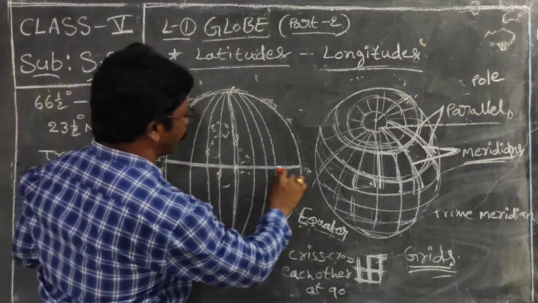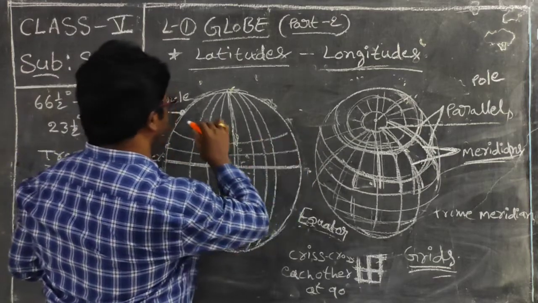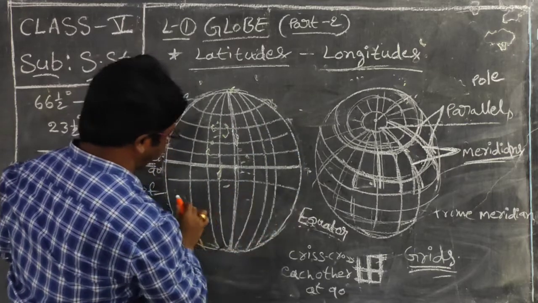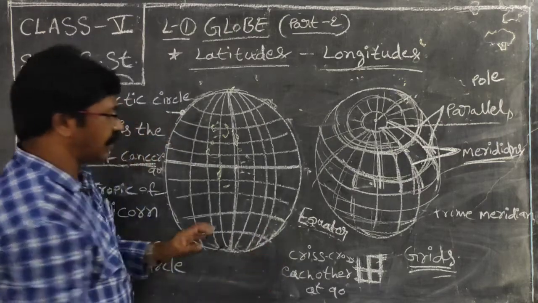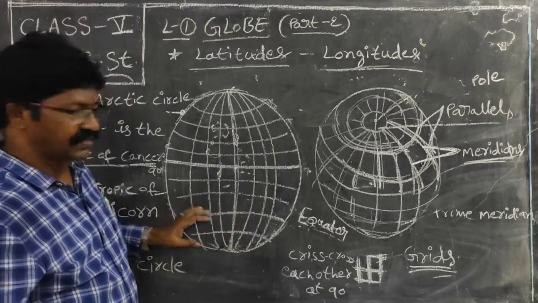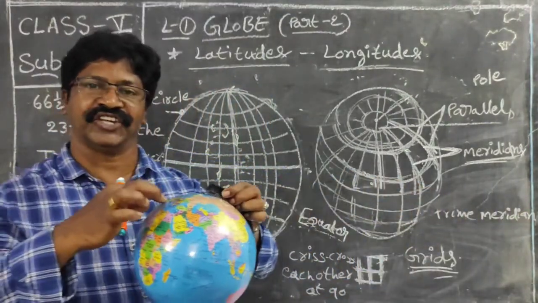Now these are the horizontal circles you can see on the globe. These are also called parallels, because they won't crisscross each other.